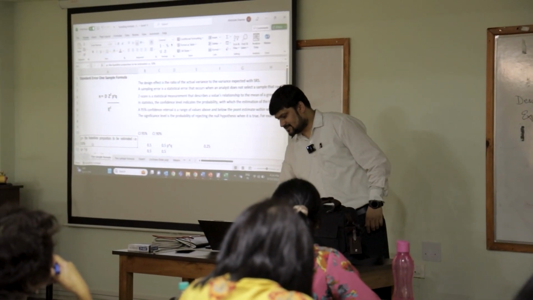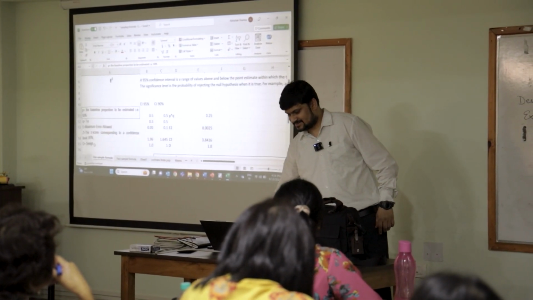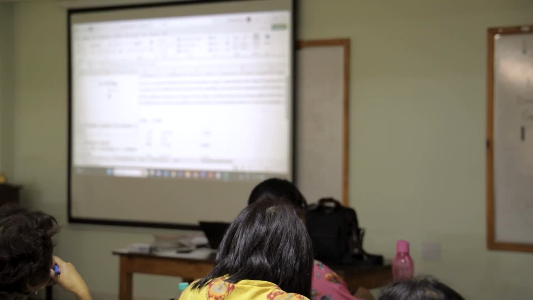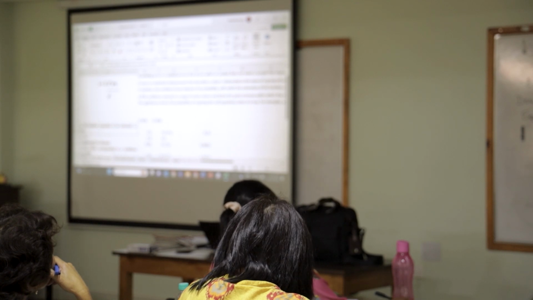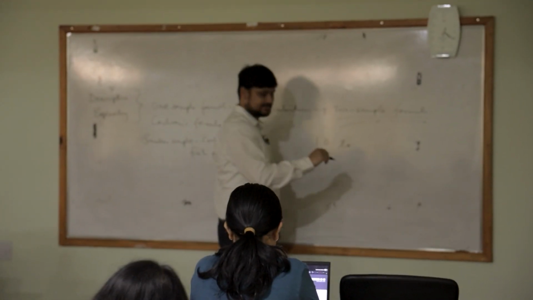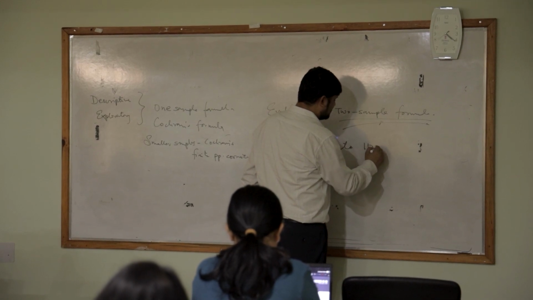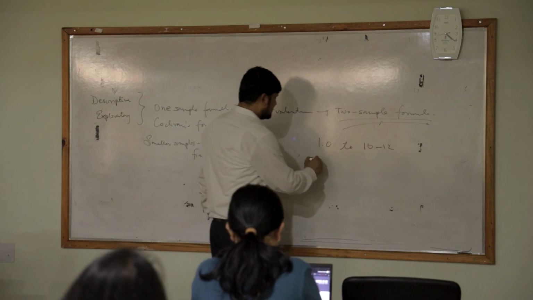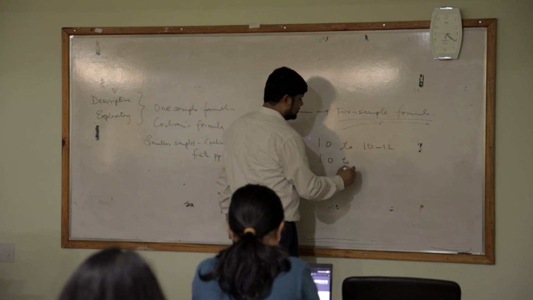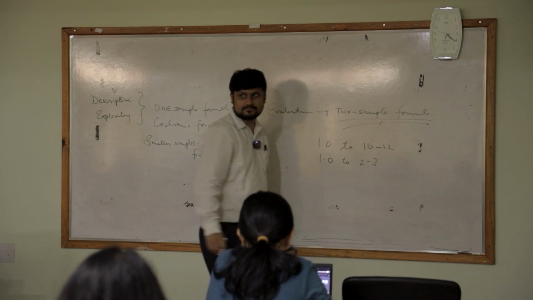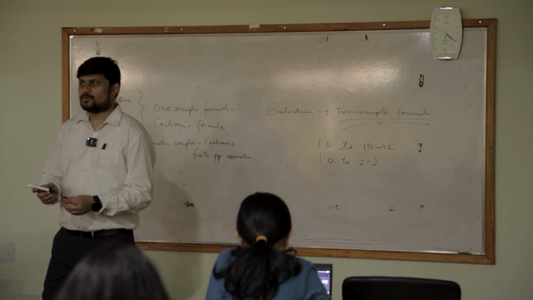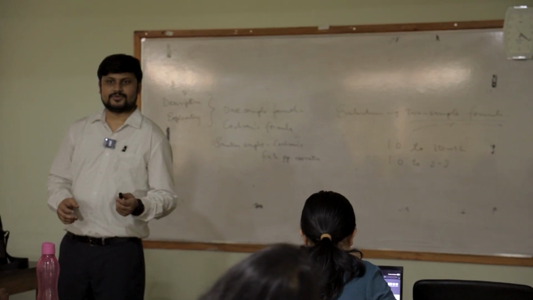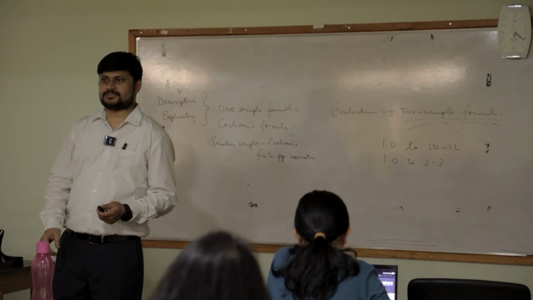So let's see what a design effect is. The design effect value actually ranges from 1.0. It could be anything after that, like 10 also, 12 also. But for all good, reliable studies, the design effect value should be from 1.0 to 2 to 3 maximum, not beyond that. We're talking about design and its effect on the sample size.